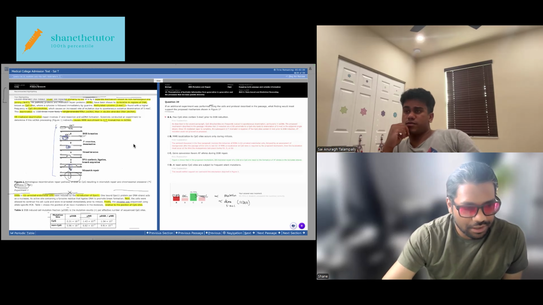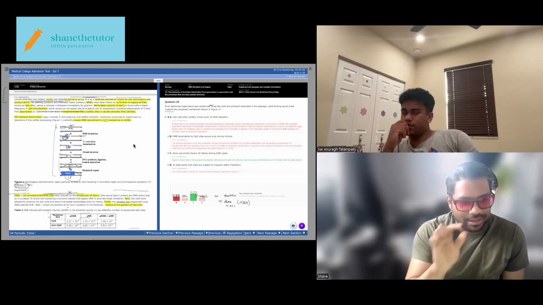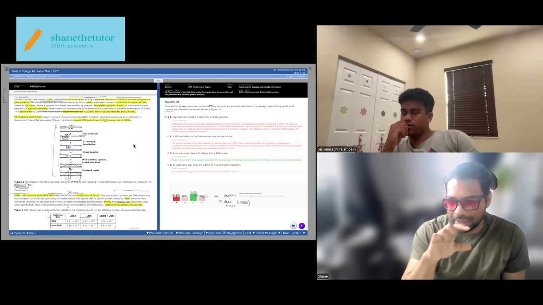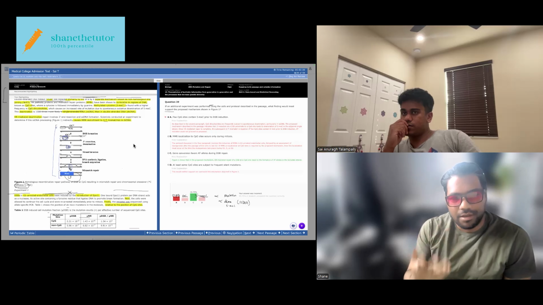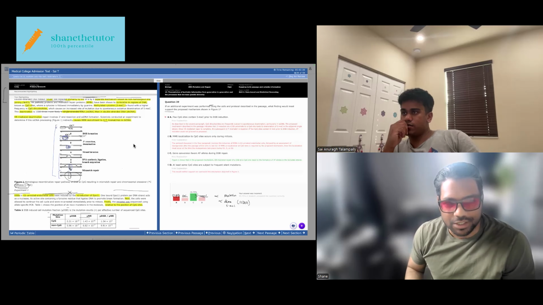Here the thymine and the guanine become complementary, and here the guanine gets turned into an adenine.